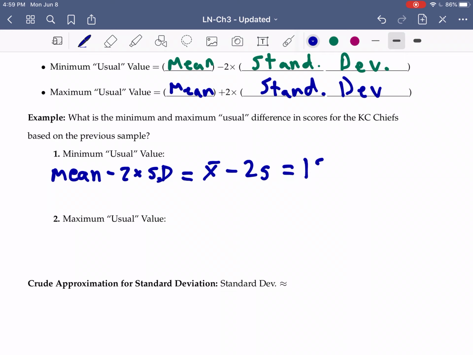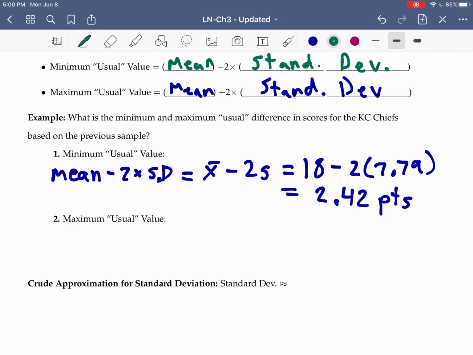And so it's 18 minus 2 times 7.79. That gives us 2.42 points. So if there was a difference of 2.42 points, we would consider that usual. Anything smaller than that, we would consider unusual.